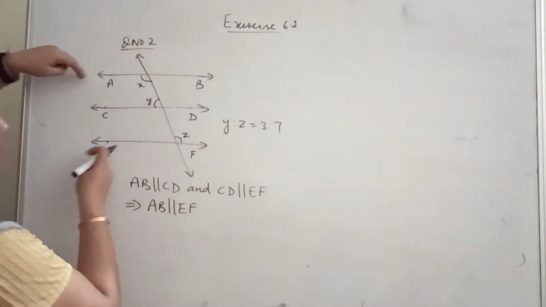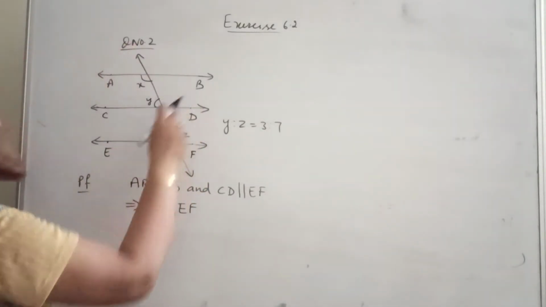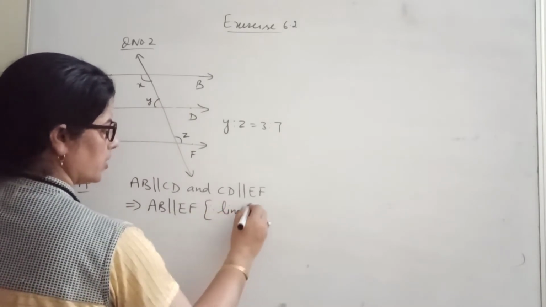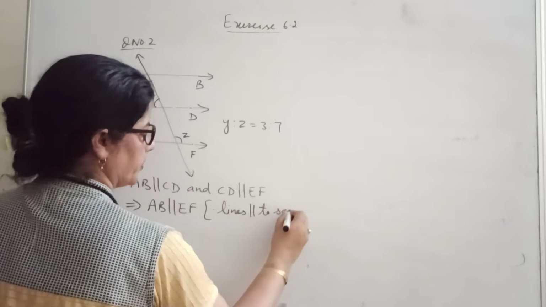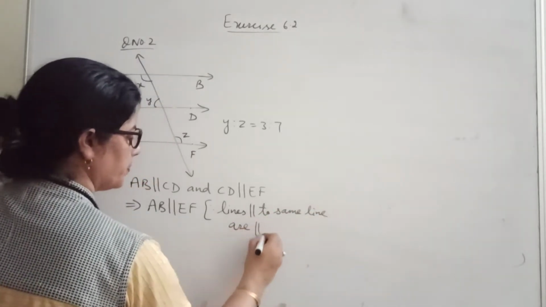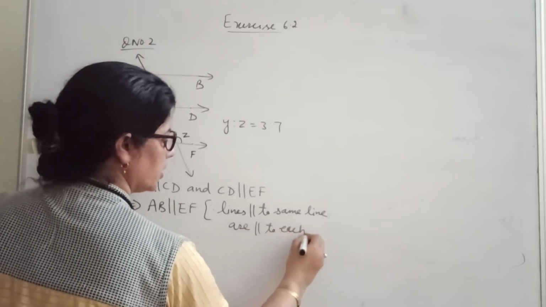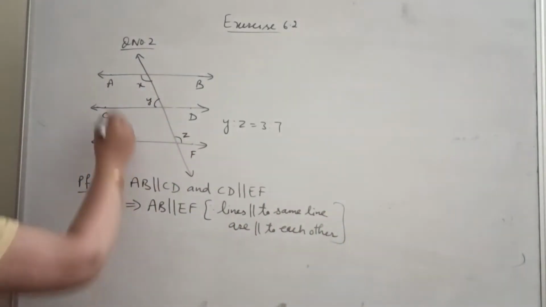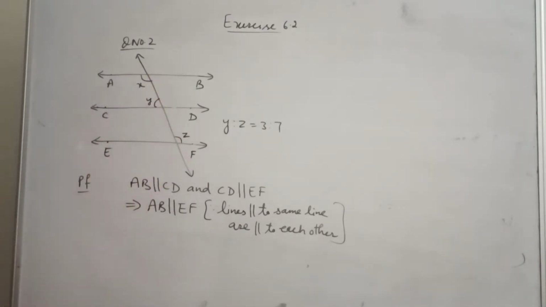Two lines parallel to the same line are parallel to each other. So AB and EF are parallel.